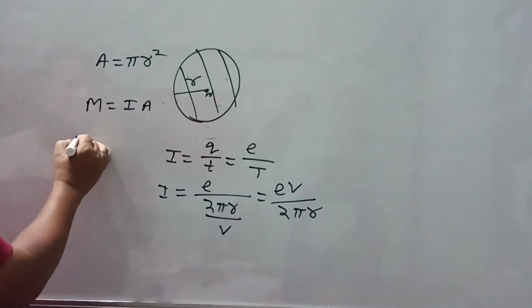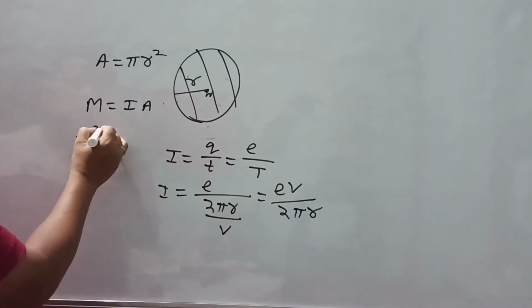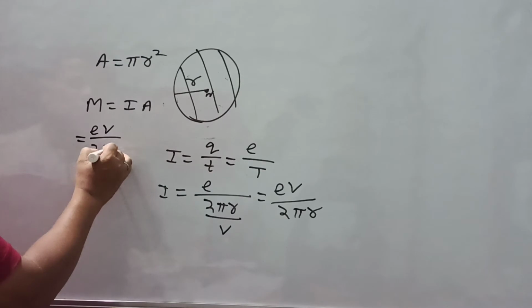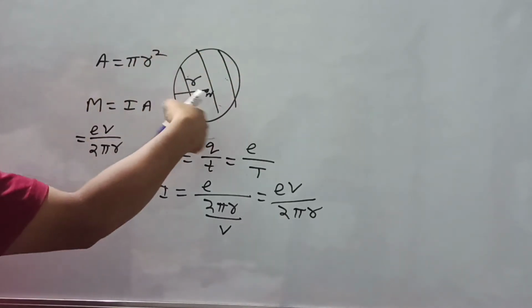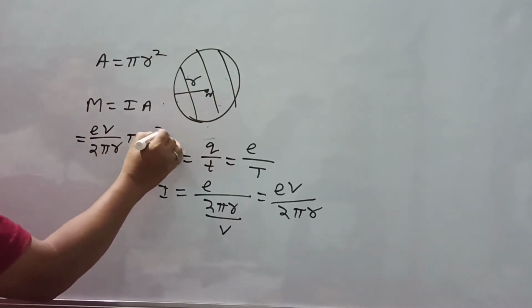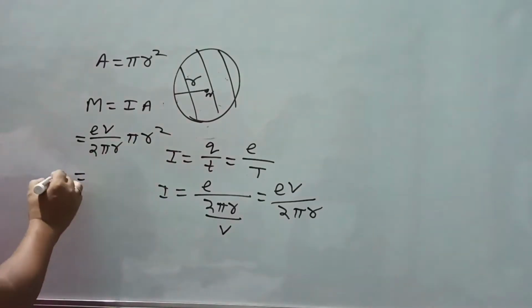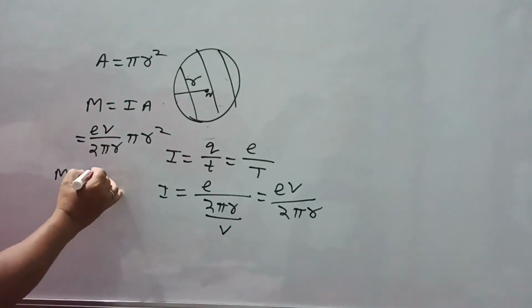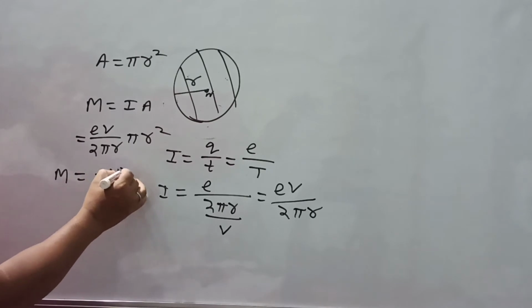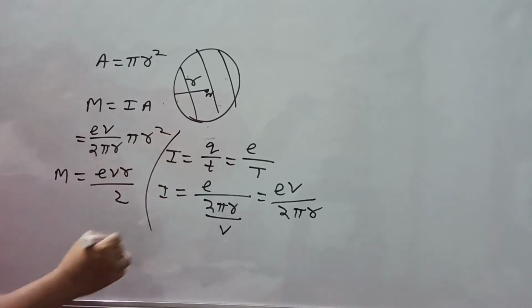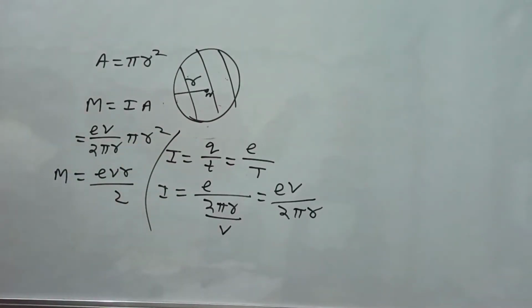What is I? ev by 2 pi r, and what is area? That is pi r square. That gives you M is equal to how much? evr by 2. So you get the magnetic dipole moment for a revolving electron as evr by 2.